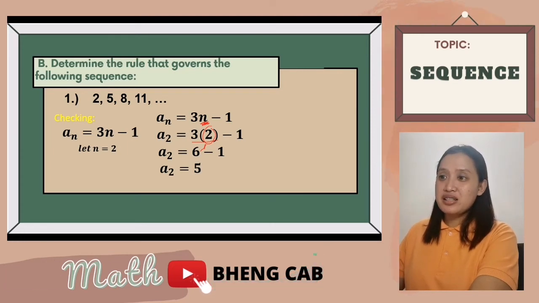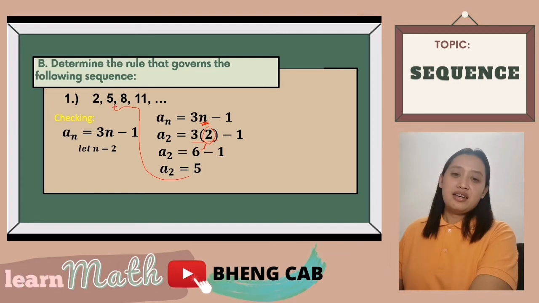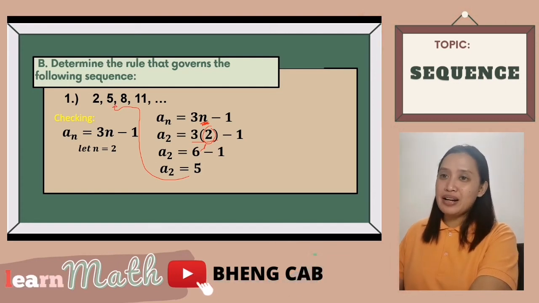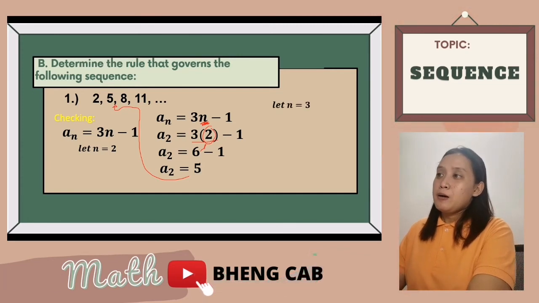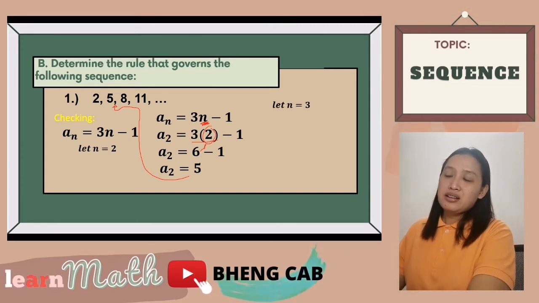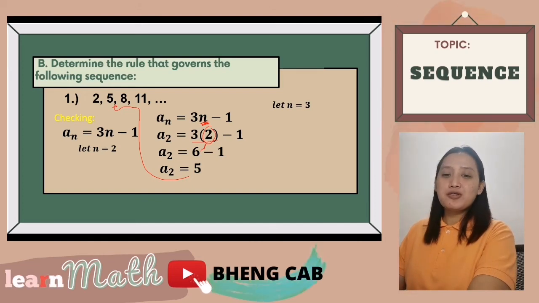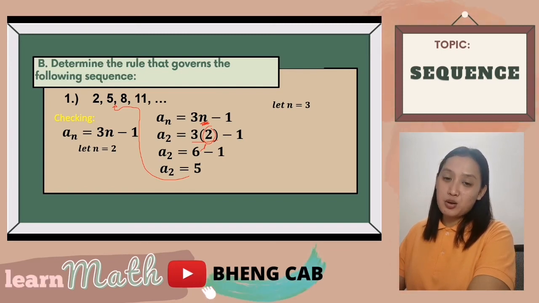Which is in this case, totoo na ang second term natin ay 5. So, tama pa rin yung a sub n equals to 3n minus 1. Try ulit natin. By having n equals to 3, yung third term naman, dapat kapag sinubstitute natin yung n equals to 3 in this general rule na nakuha natin, dapat ang sagot ay 8.